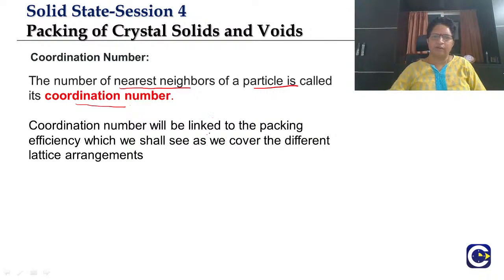Those which are packed most efficiently are the HCP and the FCC. Next efficiently packed of whatever we have seen is BCC. The least is simple cubic. These two have the same packing efficiency of almost 74%.